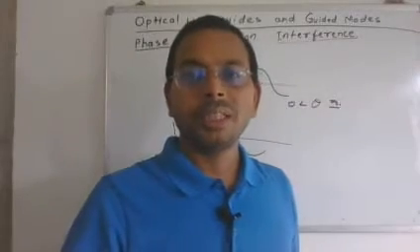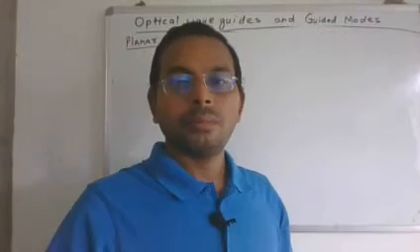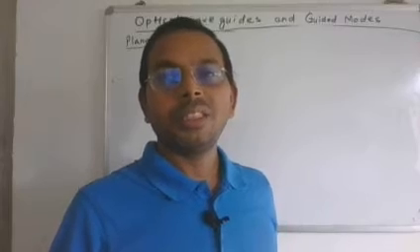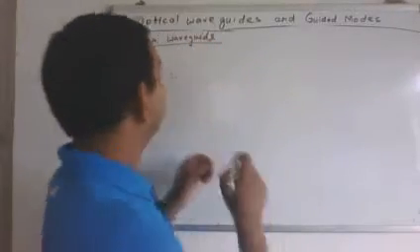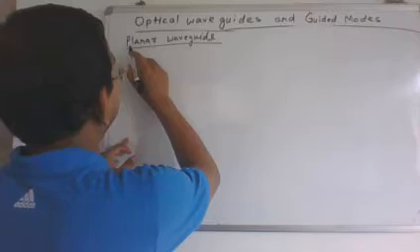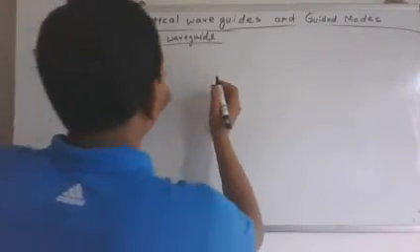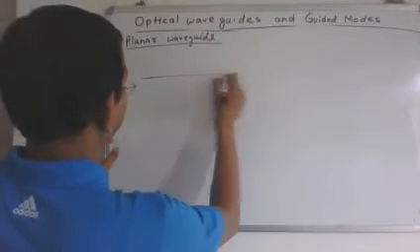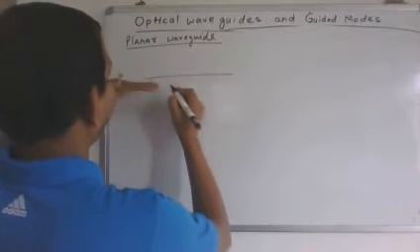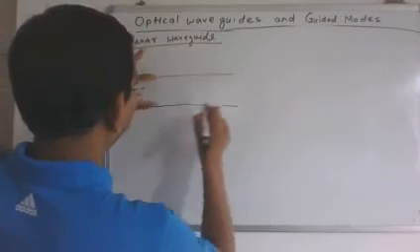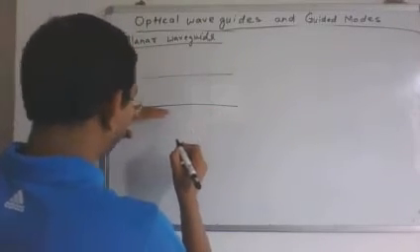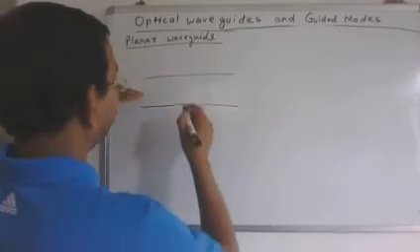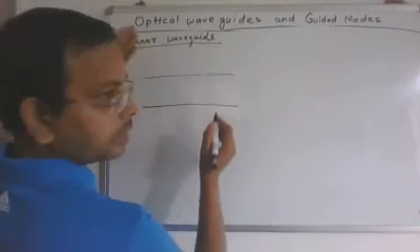Now let us understand the concept of waveguide. In waveguide we will understand what a planar waveguide is. Suppose we have this one plane above, another plane between, and a third plane below this. Or you can say the medium.